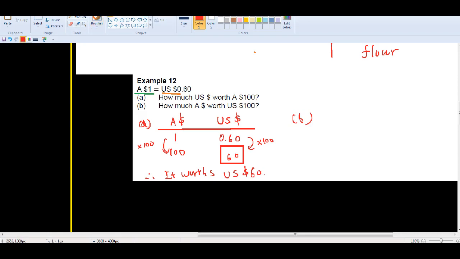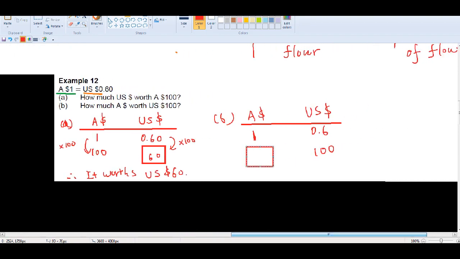How about 100 US dollars? How much Australian dollar can you get? Again, you just write all the things like before. $1 here, 60 cents here, but now it's 100 US dollars. You need to find the number here. This part is possibly a bit difficult. Think, what number do you multiply from 0.6 to 100? The target number is 100, the number you start with is 0.6.